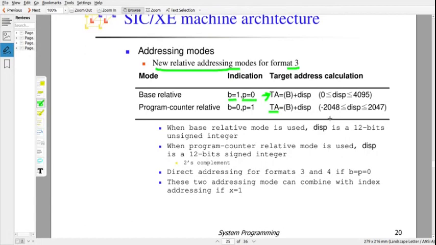If you are moving forward, it is a positive advancement, so you can move a maximum of 2047 locations. If it is a backward move, it is a negative advancement, so we will have a maximum displacement of negative 2048. The displacement is calculated with respect to the program counter. So it is from minus 2048 to plus 2047.